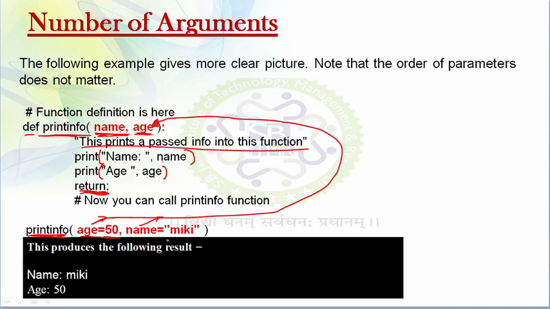Similarly, the name, which we have defined here as Mickey, will be copied to the name variable only, though it is in the first order in the definition.